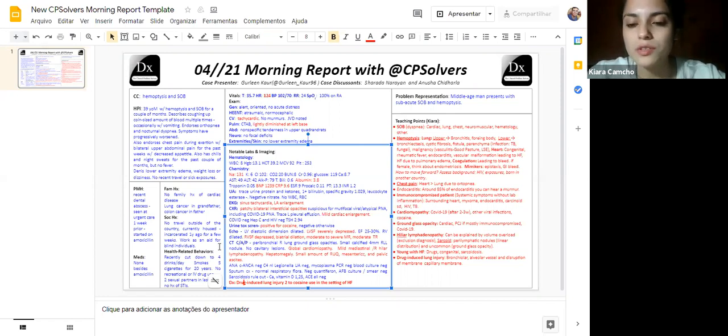Other causes can be coagulopathy leading to bleeding, and some mimickers. We also have to ask the patient if he really is having hemoptysis, because maybe this is a nosebleed or GI bleeding preceded by vomiting. So we have to assess this patient very carefully.